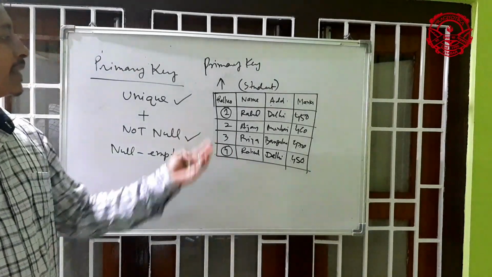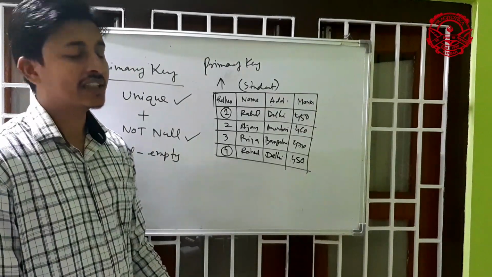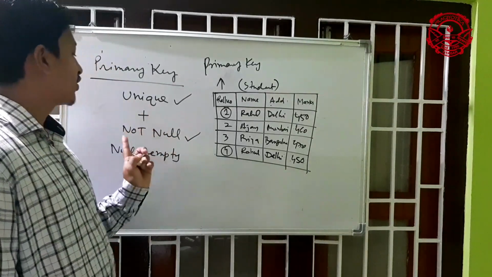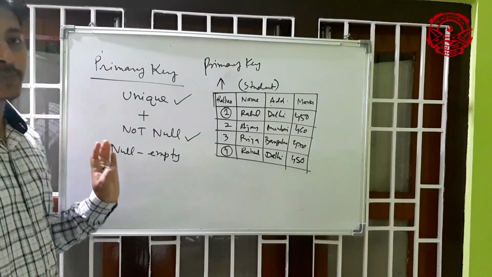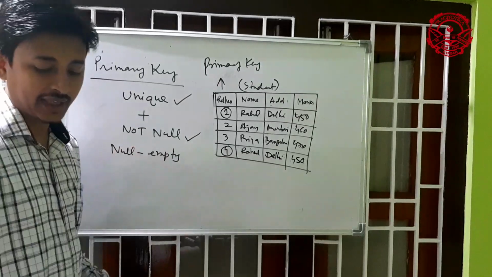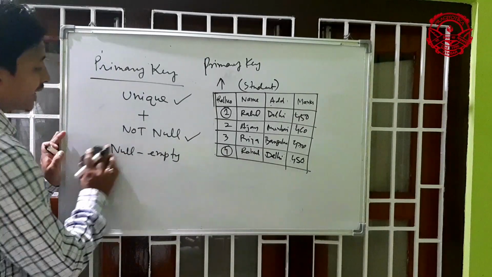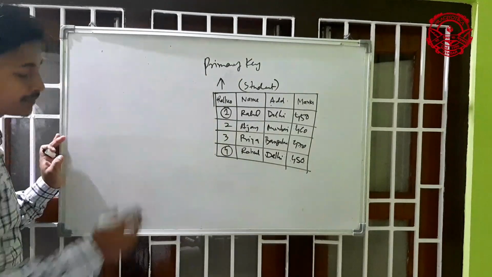So the primary key is actually generated by the servers. That's why it should be unique and should not have a null value. This is the characteristic of a primary key. Understand? Okay, next is the candidate key.